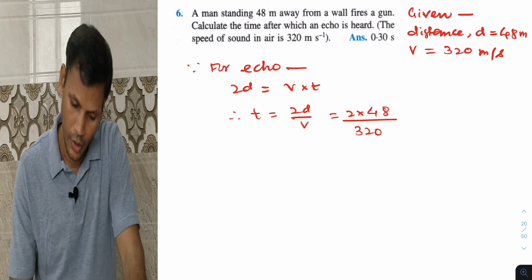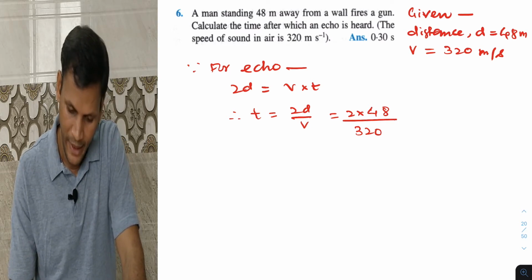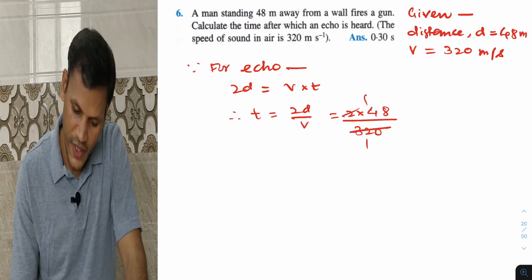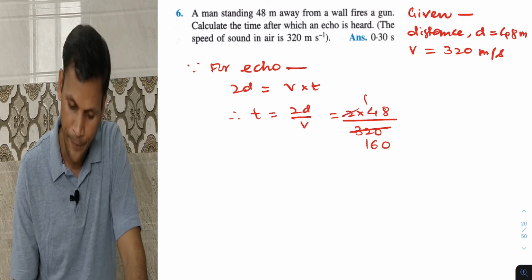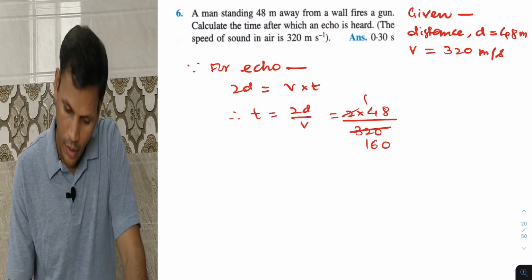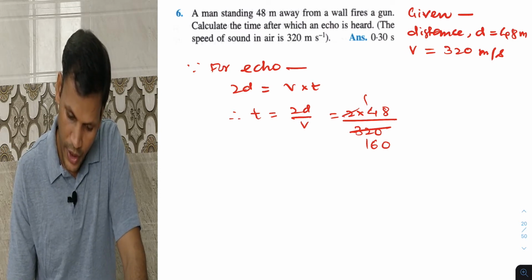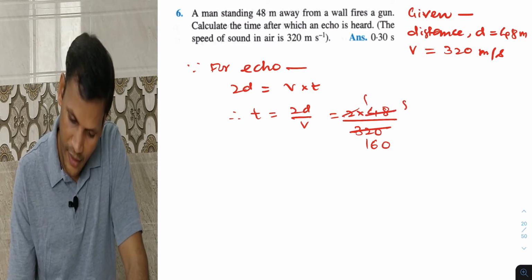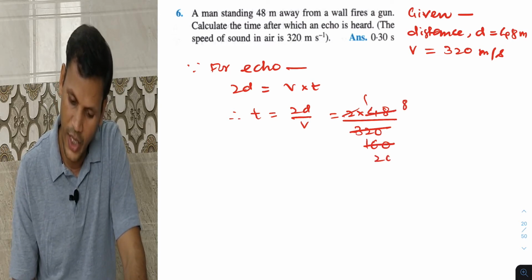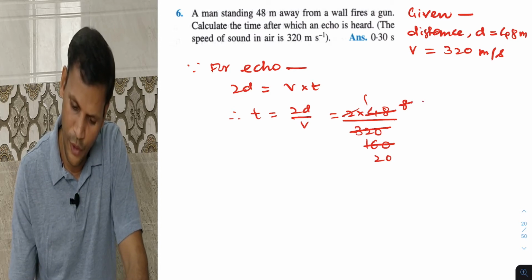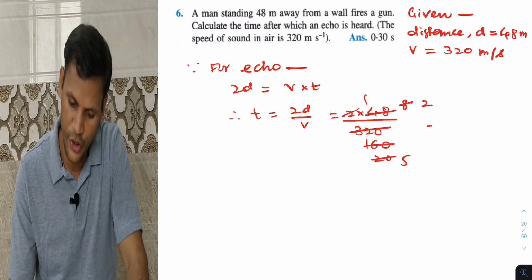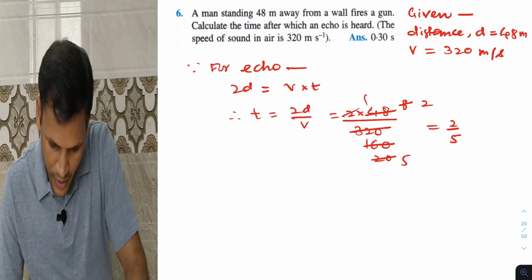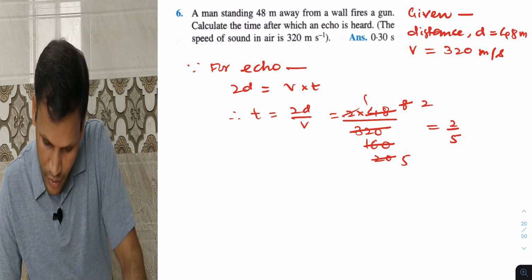We can cancel it, 2 ones are 2, 16s are 160. Then we can calculate it, 8 6s are 48, 4 5s are 20, 2 by 5, no, probably we are making some mistake.